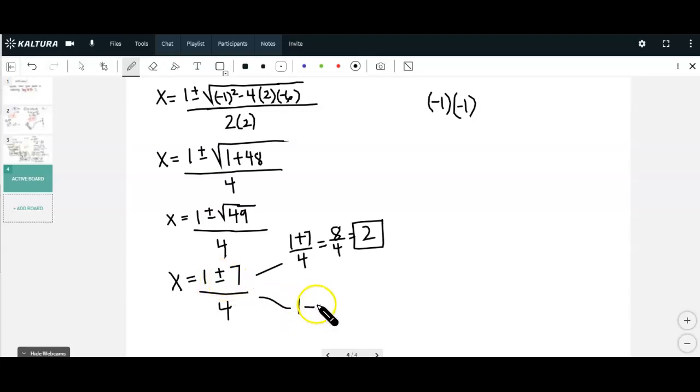So 1 minus 7 divided by 4. 1 minus 7 is negative 6. And then divide that by 4. All I can do is reduce that fraction to give us negative 3/2. So I get 2 and negative 3/2 for my answer.